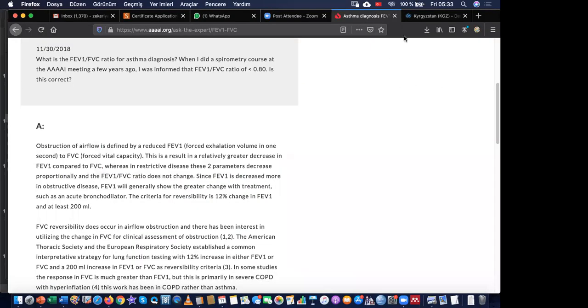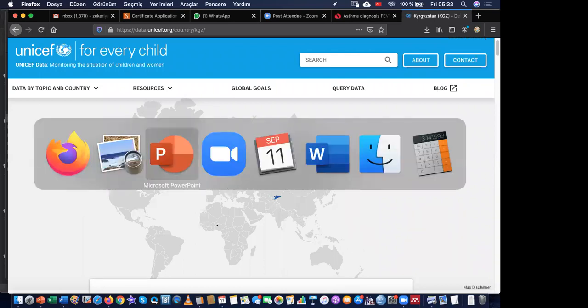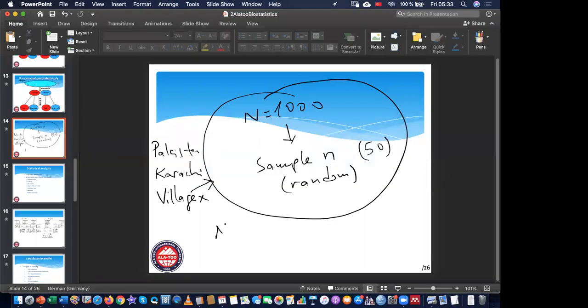My example here for you is the mortality rates. Do you hear of neonatal mortality rates? Neonatal, that's important. Neonatal mortality. Okay. Anybody can tell me what it is?